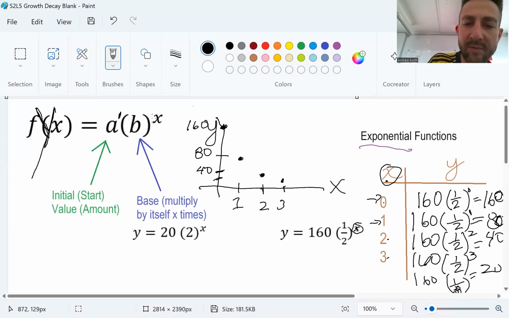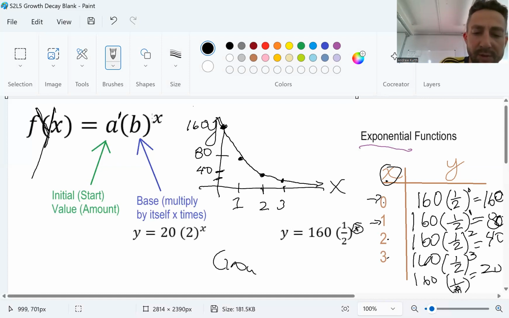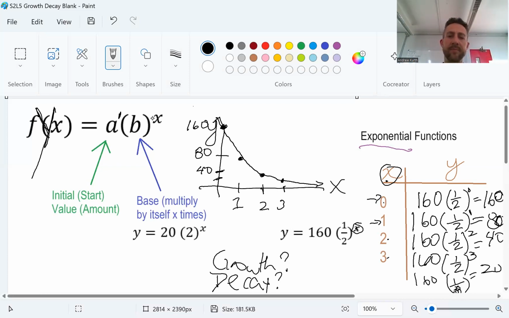So that's what we see. And so now you have to think, would you call that growth, or would you call that decay, meaning a decrease? We would hope that you see that when we have a base here of 1/2, we got a decrease.